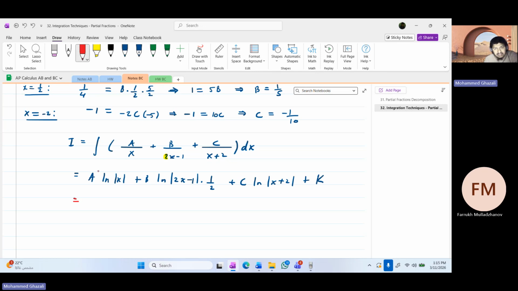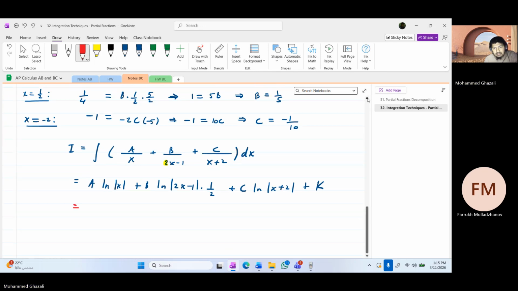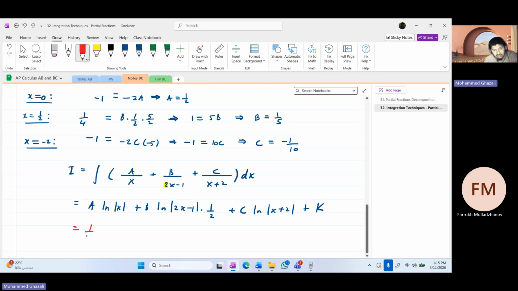All right, so what was the value of a? A was a half. So half ln absolute value of x. What was the value for b? 1/5. But 1/5 times a half is 1/10. And the value for c is -1 over 10.